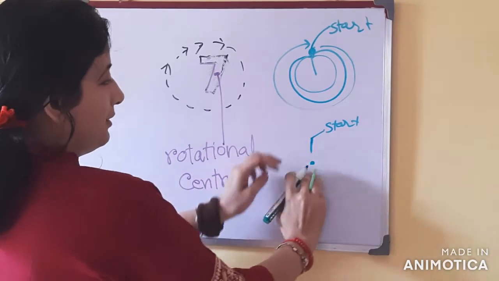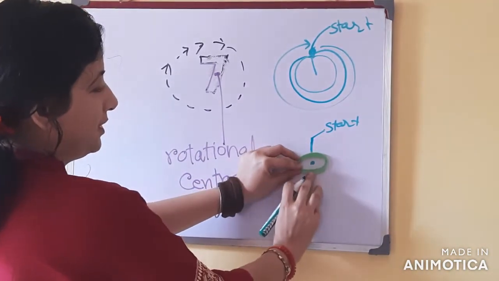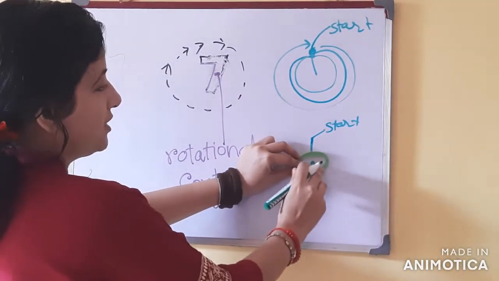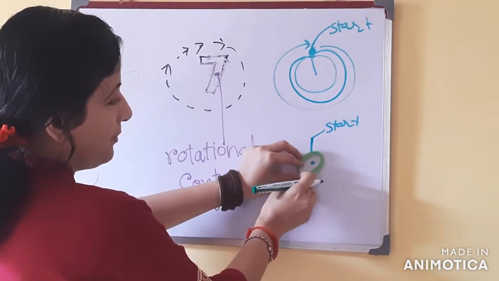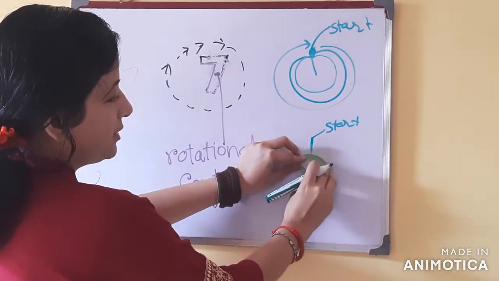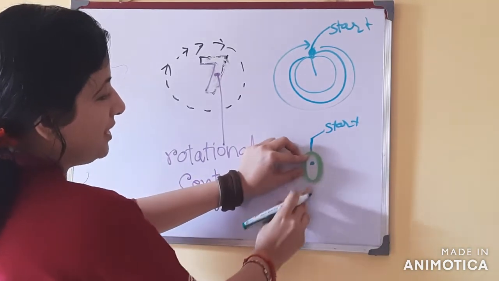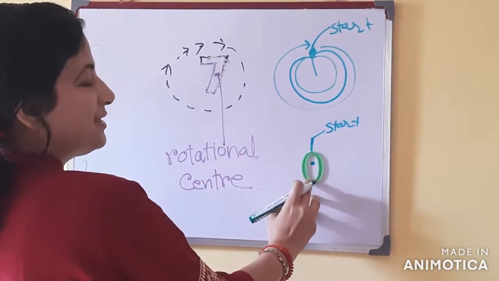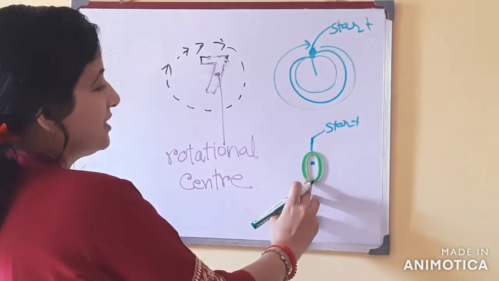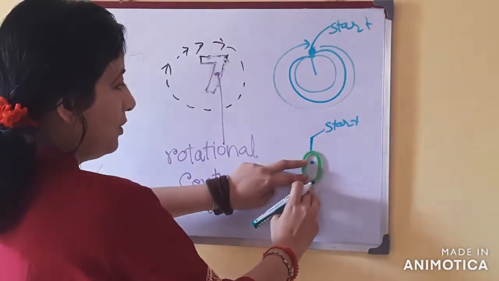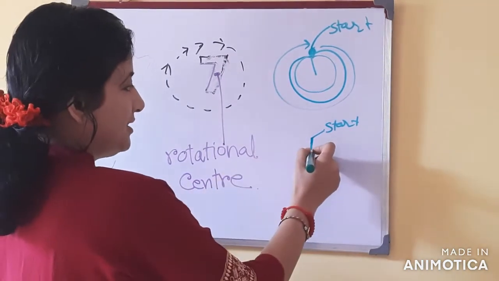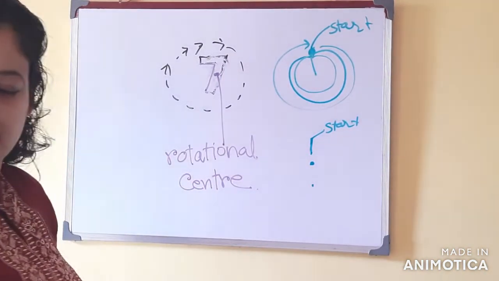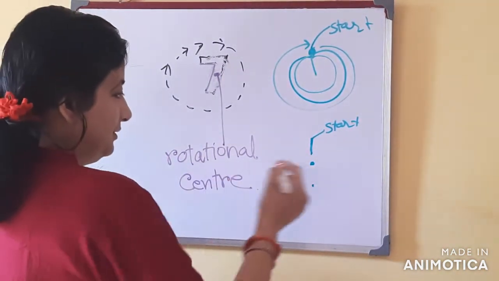It is not similar to the original orientation, because the original orientation was here, and now I am partially rotating. But now see, this orientation is the same as the original orientation. So now I am giving a dot here, and now joining a straight line. I am indicating it with red color.